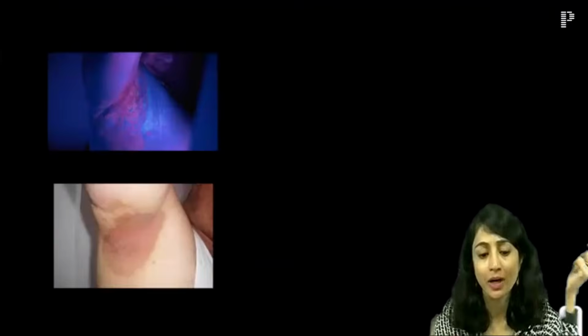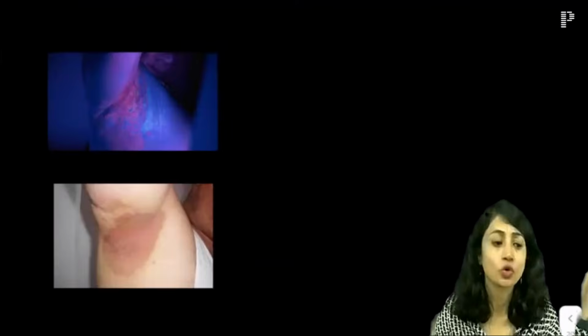Right? So let's look at how it looks. Look at this: erythematous, well demarcated, mildly scaly plaques, which can be present on axilla, groins, or toe web space.